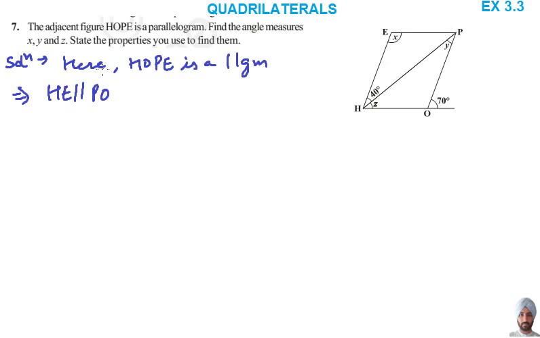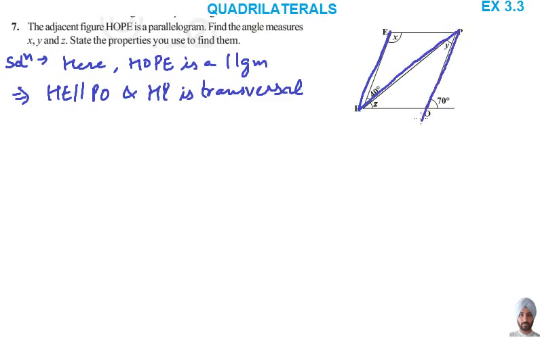I think you might have guessed what should be the relation between 40 degree and y. So HP is transversal. So this is becoming a perfect Z-like structure, and these angles are called alternate angles, and whenever they are between parallel lines, they are equal.